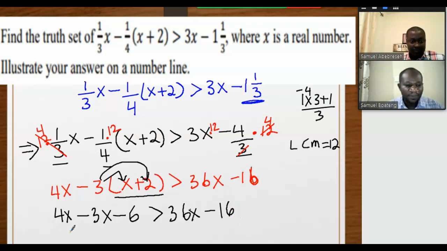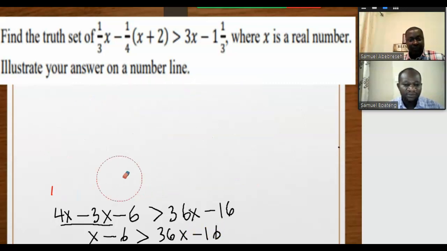For the next step, 4x minus 3x will give you x minus 6 greater than 36x minus 6. So we need to group all the numbers on one side. So let's send 36 to the left hand side.